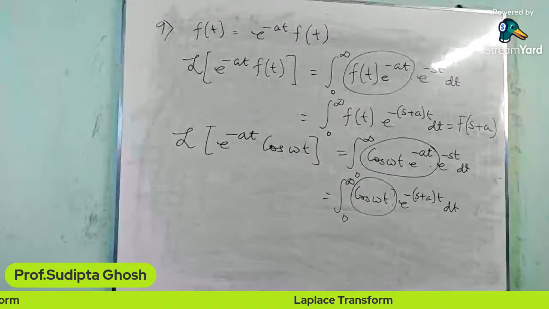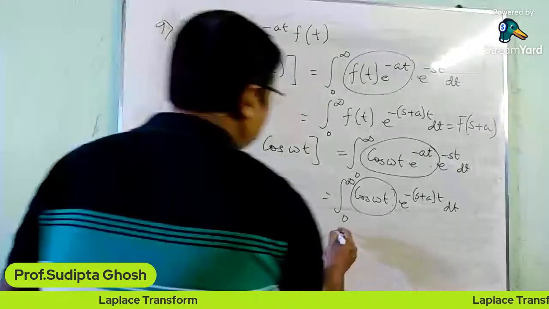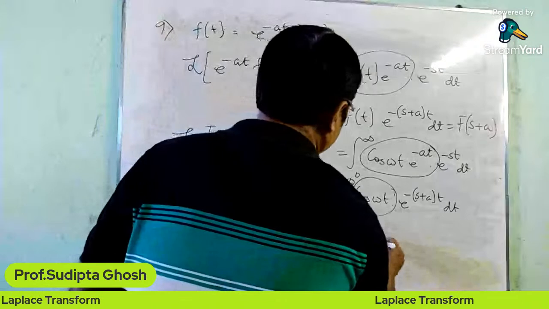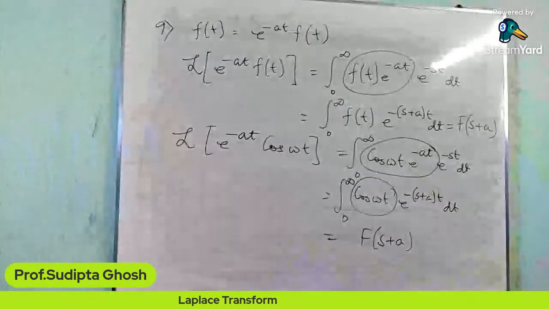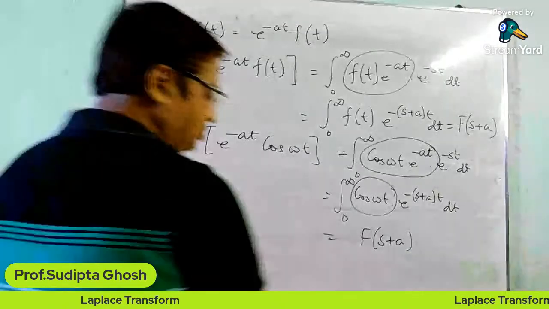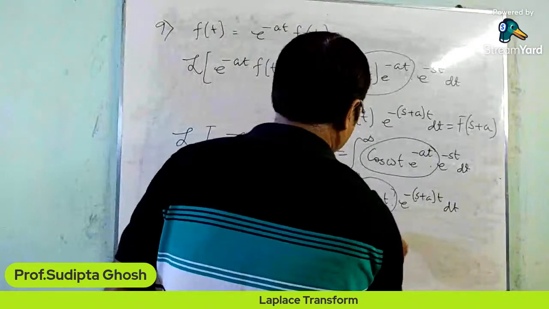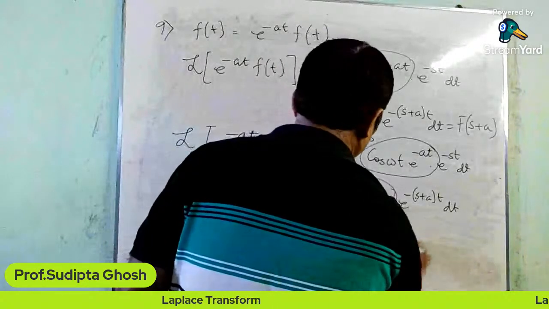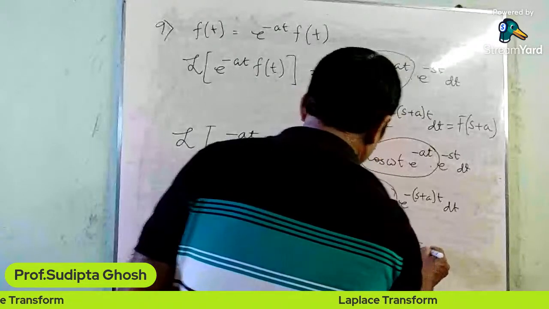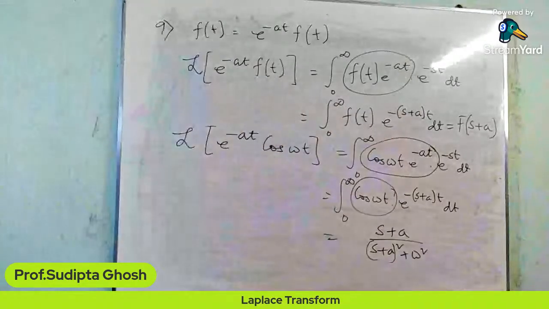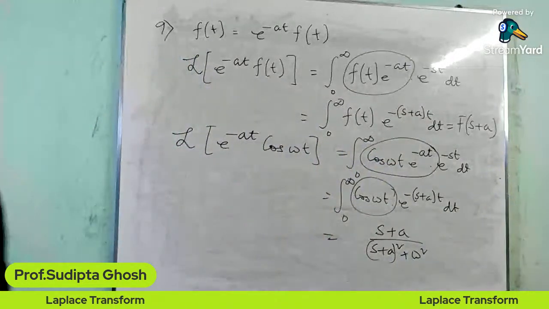So now we have to write it as F of s plus a, and this value should be s plus a divided by (s plus a) whole square plus omega square. Have you got it? So the value will be s plus a divided by (s plus a) whole square plus omega square.